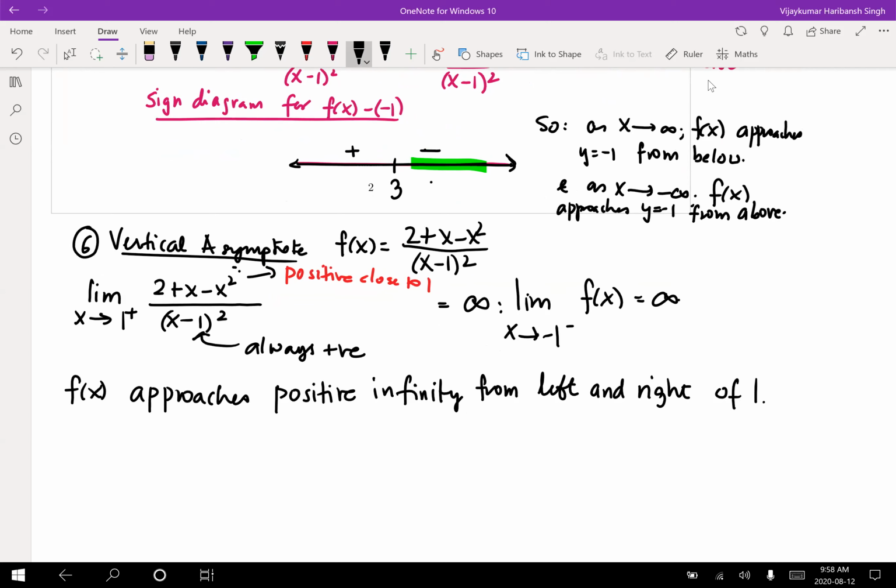So when you're drawing this, you'll get that at 1, from this side of 1 you're approaching, then it goes to infinity. From the other side of 1 also it goes to infinity. So this is what it means, right?